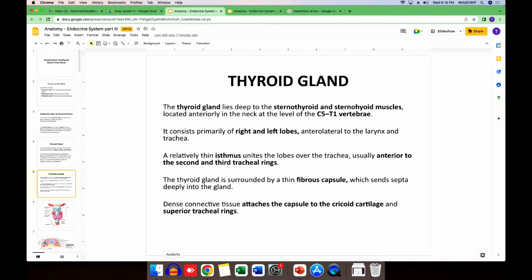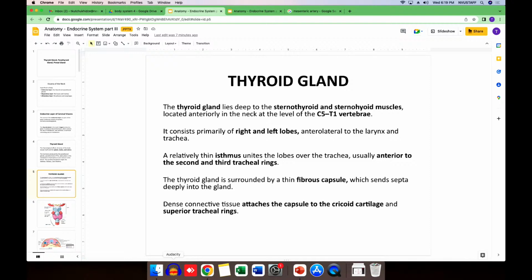We will see the photo of that in a minute. And the thyroid gland is surrounded by a fibrous capsule. This capsule is not just covering it, but it is sending its septa into the thyroid gland. So whenever you are cutting it in cross-section, you will see the tissue and also the septa from the fibrous capsule.